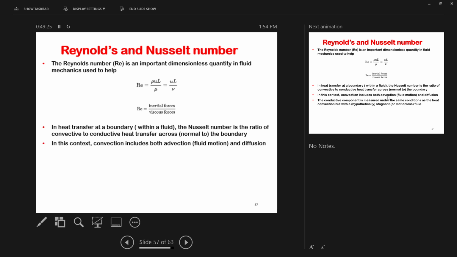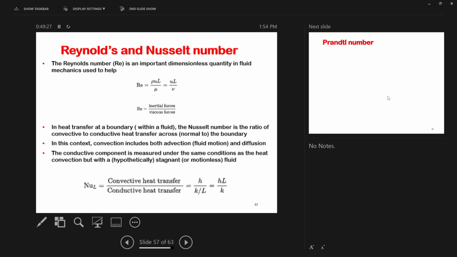And we talked about the Nusselt number in detail. It's a comparison of the convective heat transfer to the conductive heat transfer of the fluid. That's very important, right? So this is the conductivity of that fluid.